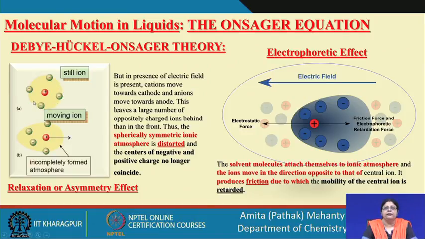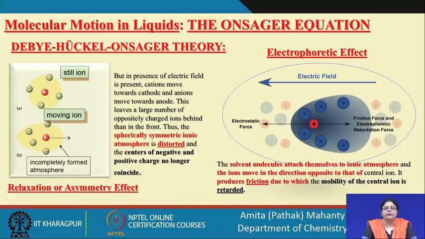When you do not have an electric field, the ionic atmosphere is perfectly symmetric. The center of the positive ion and the center of all the counter ions will coincide. So, you will have a perfectly symmetric, spherical atmosphere if there is no electric field applied.